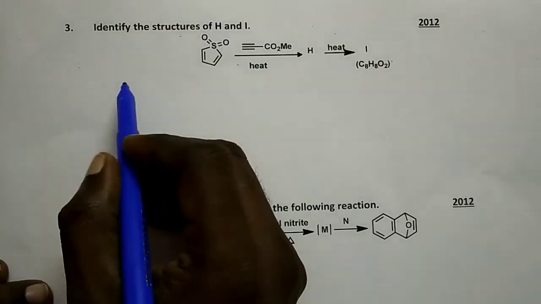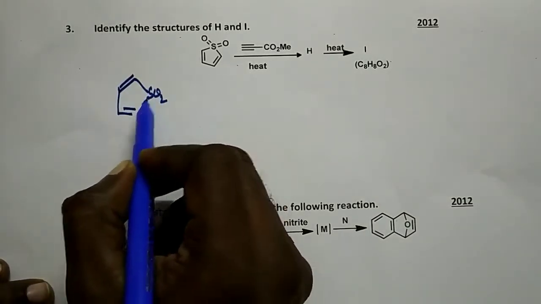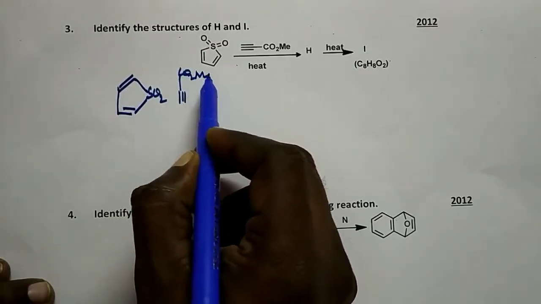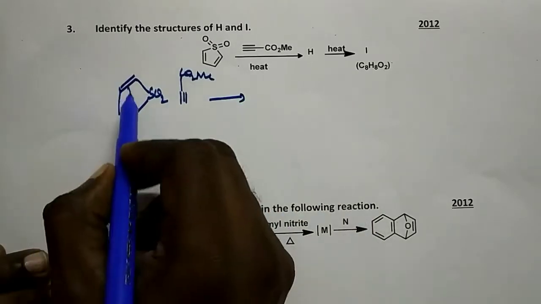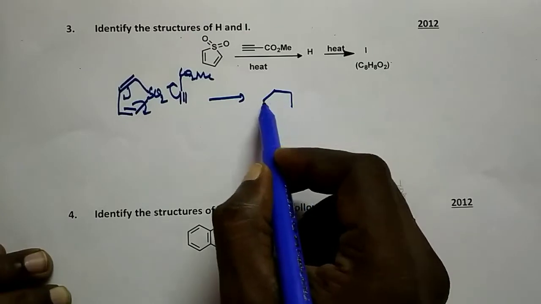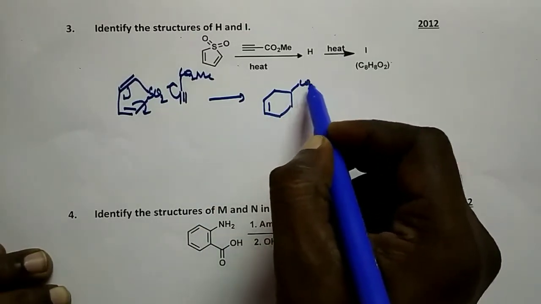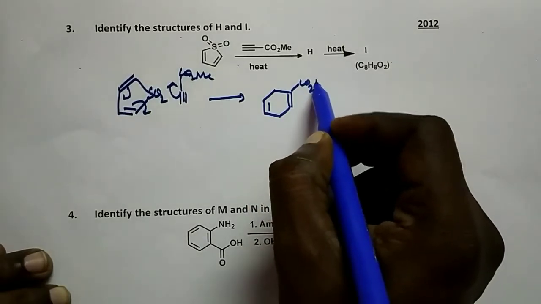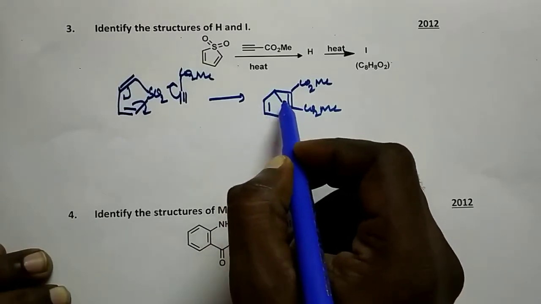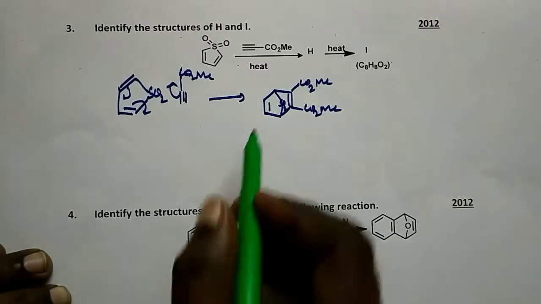SO2, CO2Me. The Diels-Alder reaction goes like this. So the product is cyclohexene with CO2Me, CO2Me, and SO2. So the next step is this SO2 goes away.